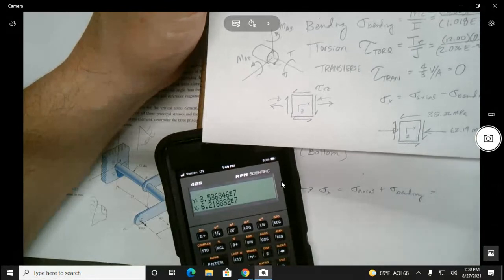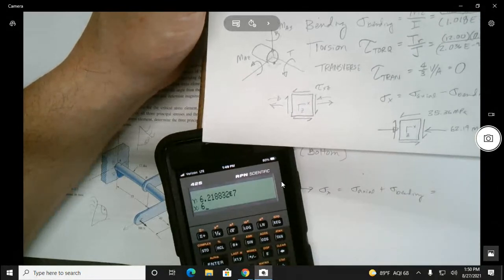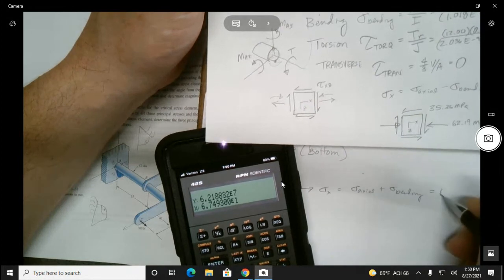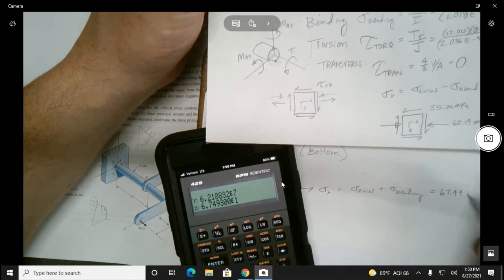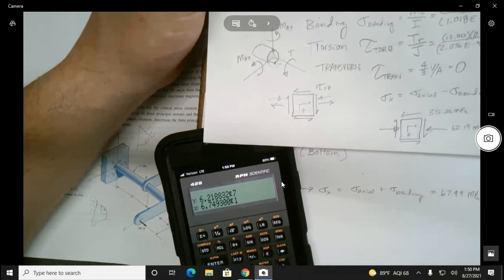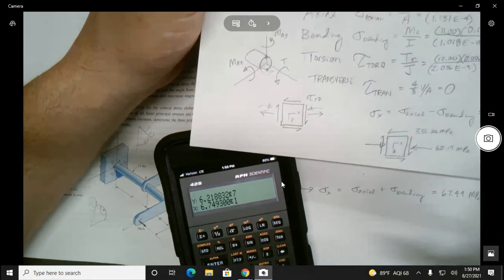I don't have to do it one step at a time, but just the 64.84 and the 653, add them together, and we get a 67.49 megapascals in tension, right? So that's one to look out for. That's going to be more than the one on the top.